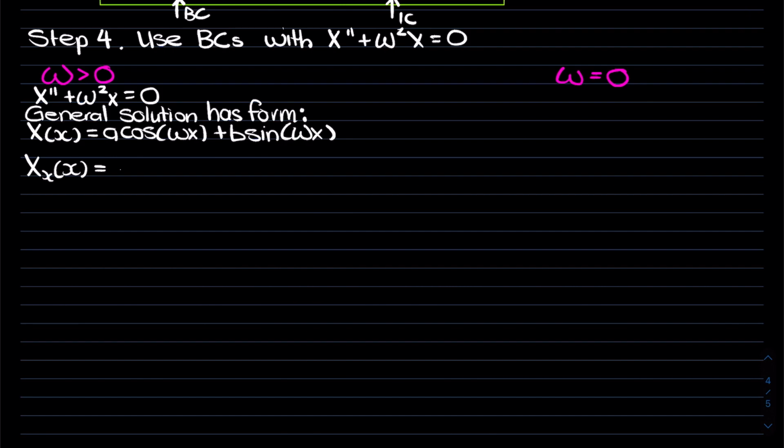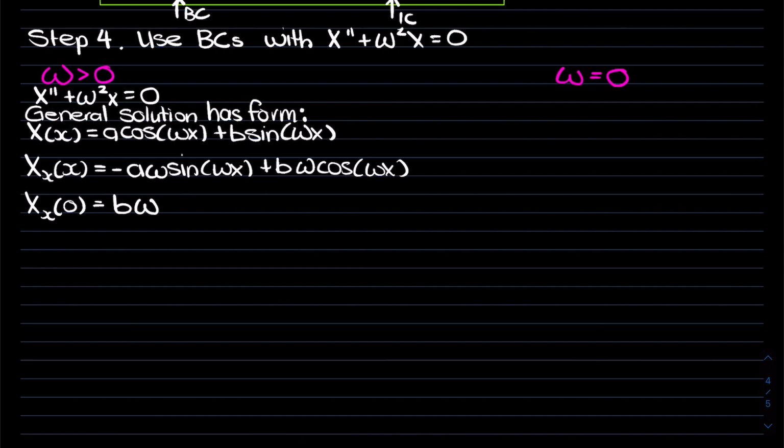So we get negative a lambda sine lambda x plus b lambda cosine lambda x. Now, plugging in our boundary conditions, we had x equals 0. If x equals 0, we're just left with b lambda, and that has to equal 0 as per our boundary conditions. This implies that b equals 0, because this is the case where lambda is greater than 0, so it can't be lambda.